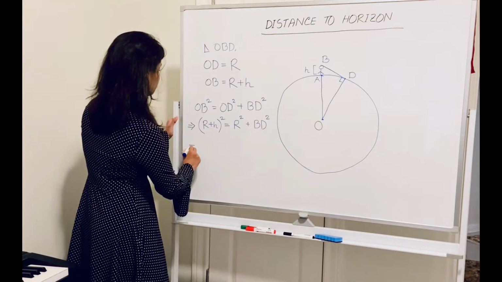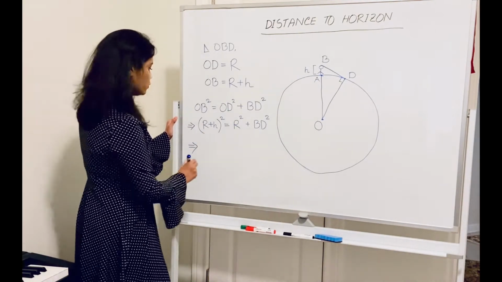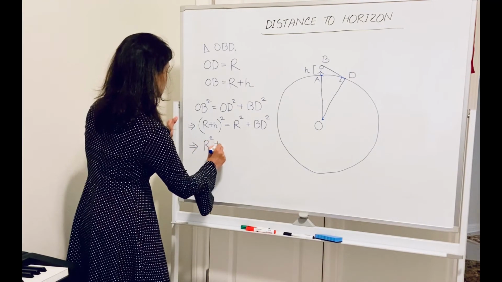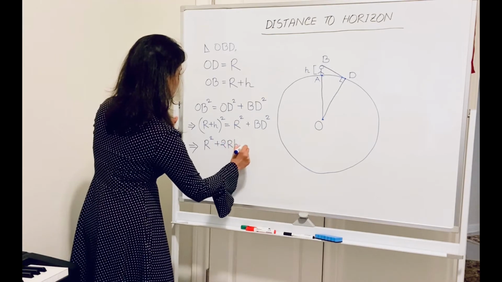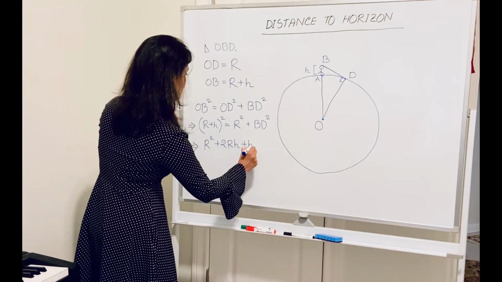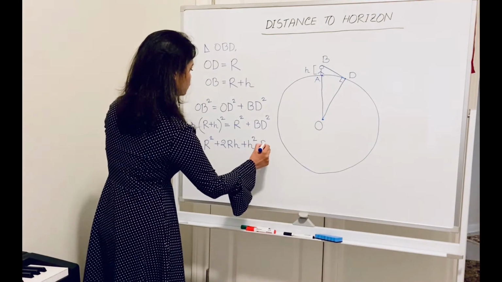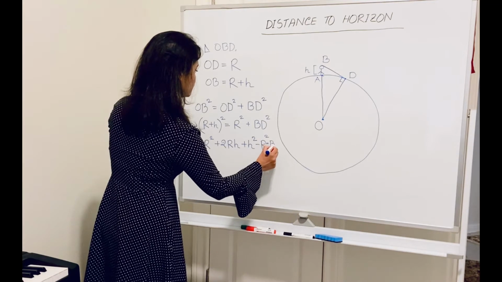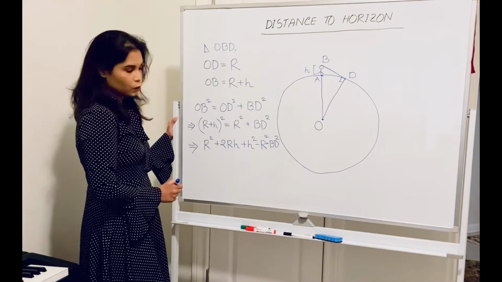And here I would like to expand the (R plus H) whole square, which is R squared plus 2RH plus H squared. And I would like to take this R squared here as well on the left hand side. So on the right hand side, I only have BD squared.